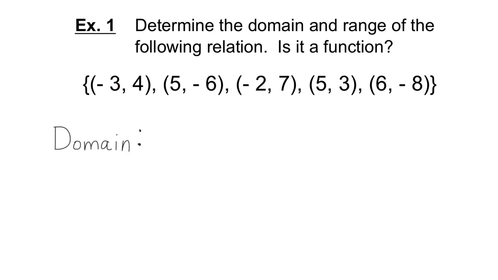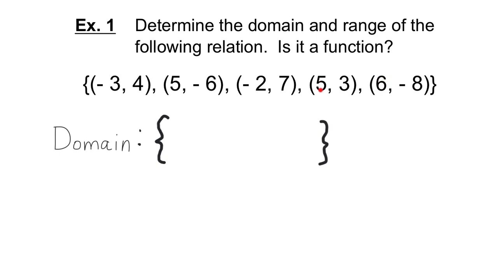So if I want to write what the domain of this function is, I have to write it like this. I need to start with my curly brackets. Now inside the curly brackets, I have to write what the domain is. Remember, domain is all the possible values of x. So if I look at my set up here, x can be -3, 5, -2, 5, 6.